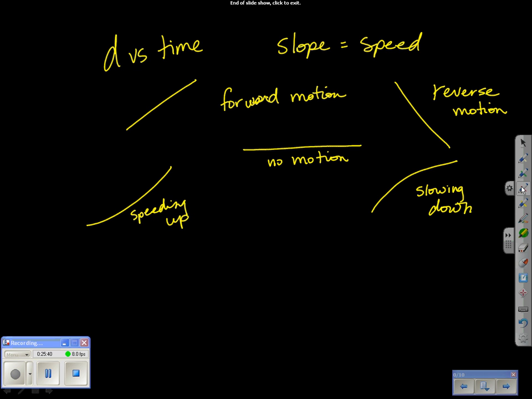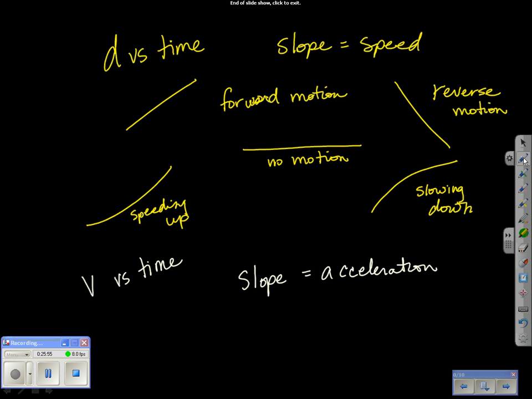All right. Then let's do white for velocity versus time graphs. Velocity versus time graphs, remember the slope of these lines is going to be acceleration. Remember, if it's quadrant 1, it's moving forward or away from the origin.